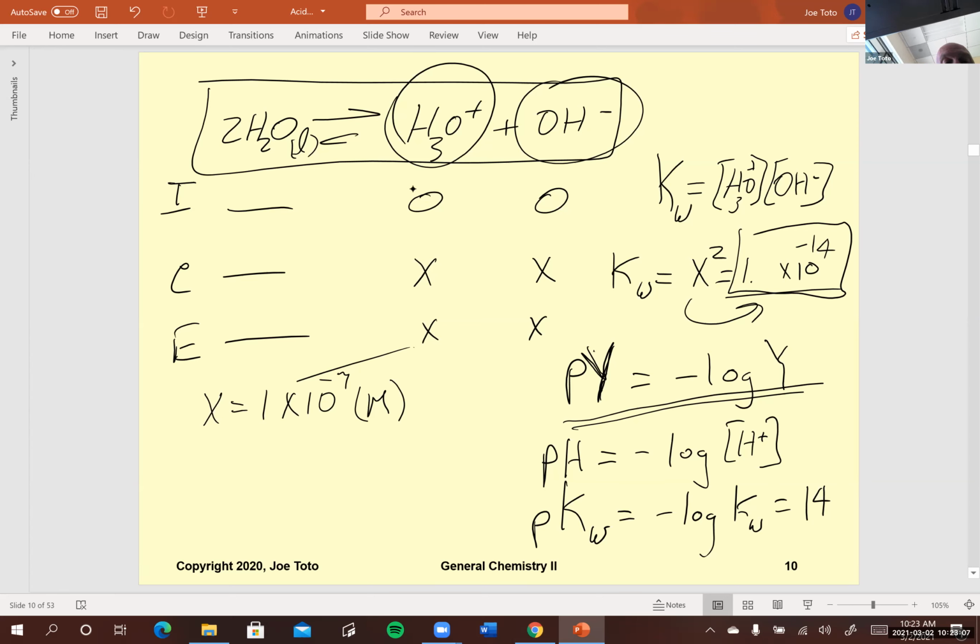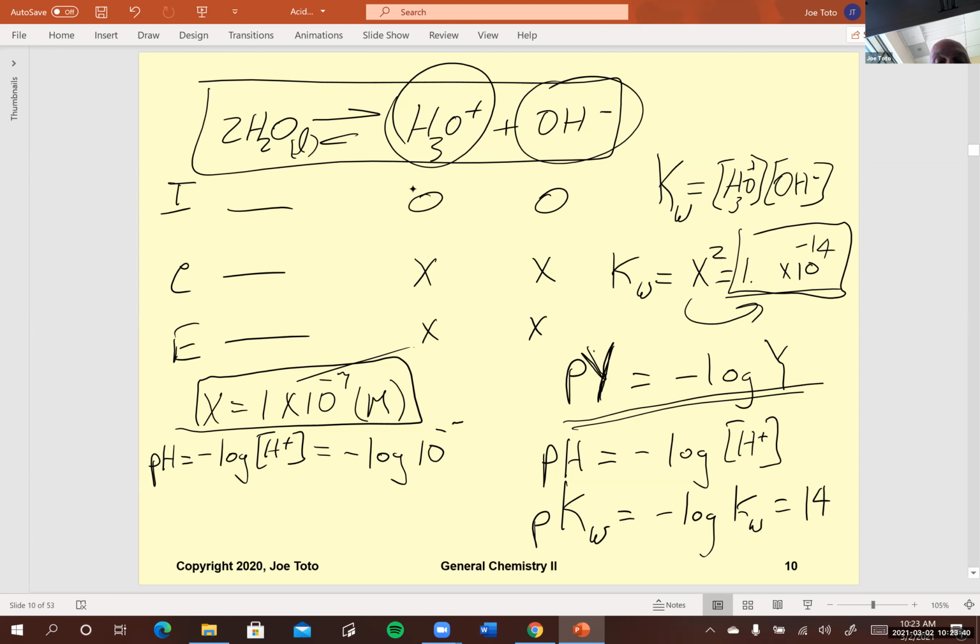It's the same way I know that the pH of a solution that has an H plus concentration of 10 to the minus 7 is 7, because pH equals minus the log of the H plus concentration, which equals minus the log of 10 to the minus 7.